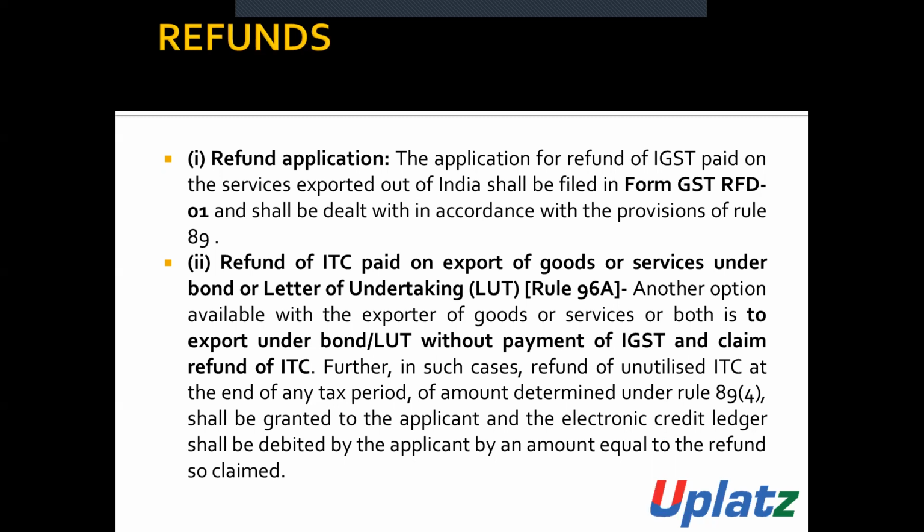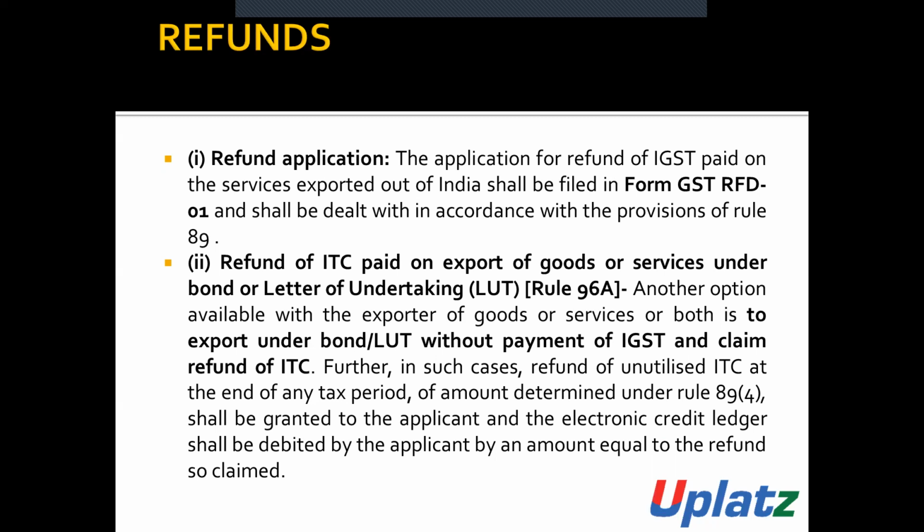He can export the goods or services or both without the payment of IGST on the basis of LUT or bond, and he can claim the amount of refund of ITC. Further, in such case, the refund of unutilized ITC at the end of any tax period is the amount determined under Rule 89 Sub-Rule 4.